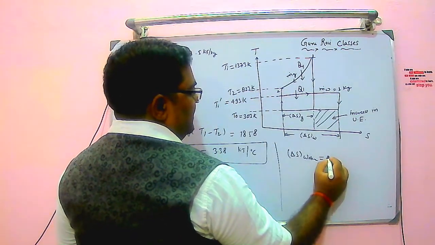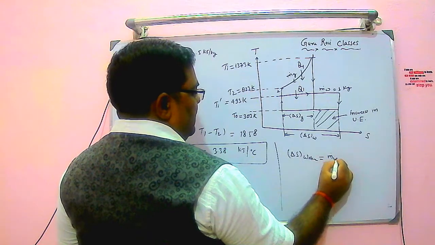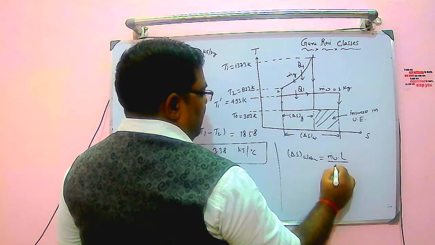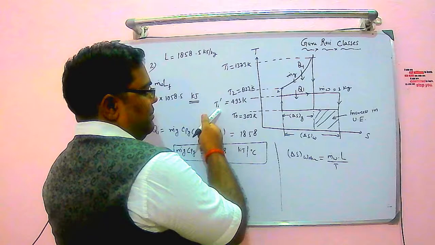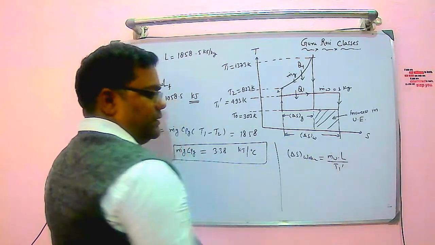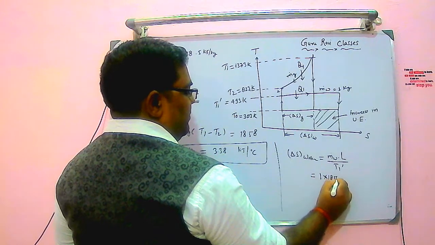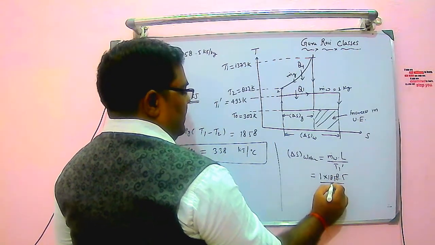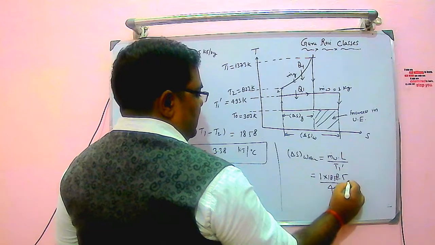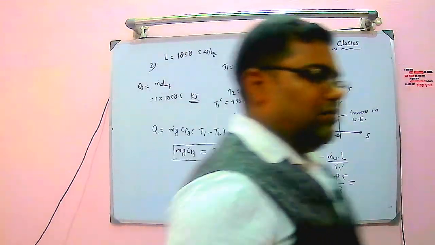So I can say this is m of water into latent heat divided by temperature. Which temperature? This temperature, T1 dash. So you can put the value 1 into 1858.5 divided by T1, which is 493. Just substitute and calculate.